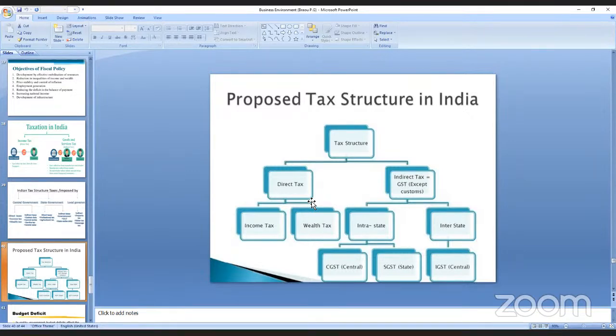Intrastate means central and state both come in. Interstate, only the central government tax will be paid. Customs is the tax the customers pay, not the owner. Once the owner pays the taxes to the government, that amount is also collected from the customer.